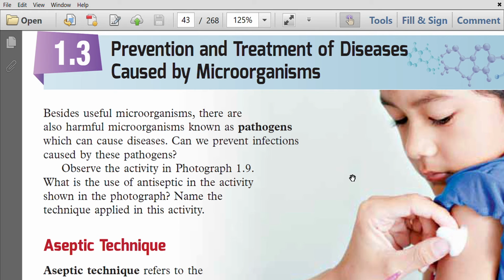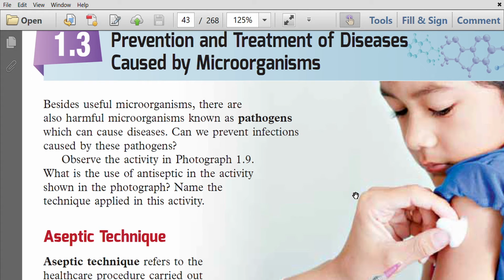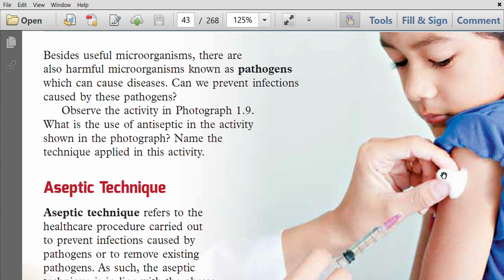Observe the activity in this photograph. Can you see here? What is the use of antiseptic in the activity shown in this photograph? There's an antiseptic here. This is alcohol.